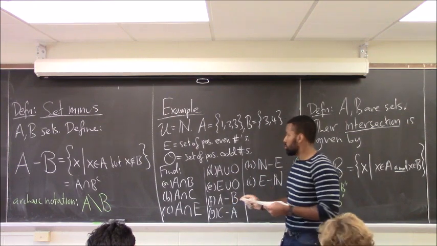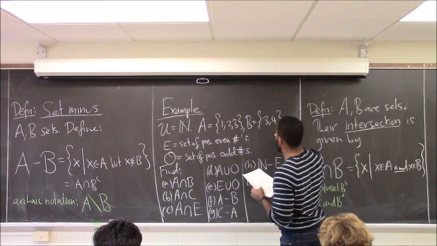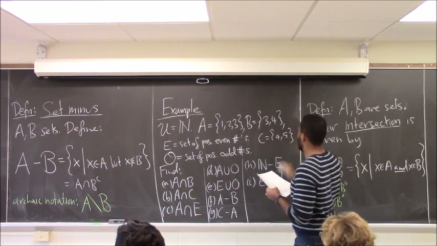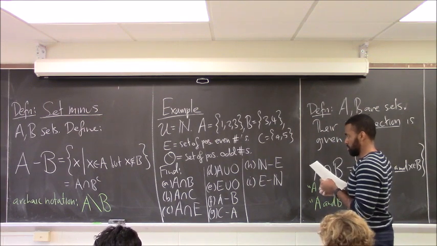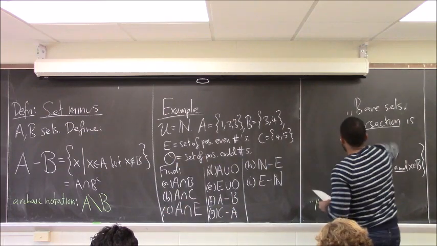Where's that? What's C? Oh, I didn't write C. C is 4, 5. That example, make sure you can actually complete these sets, know what they are.